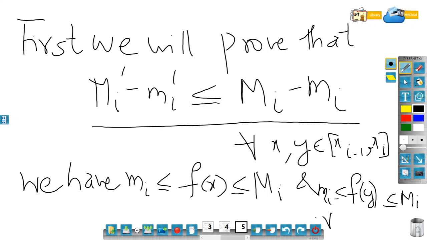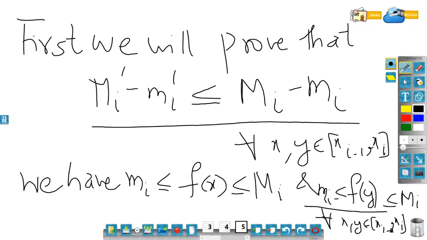This is true for any x comma y belonging to [xi minus 1, xi]. So if I take any point from the subinterval [xi minus 1, xi], then definitely f of x and f of y will lie between capital Mi and small mi. Right.